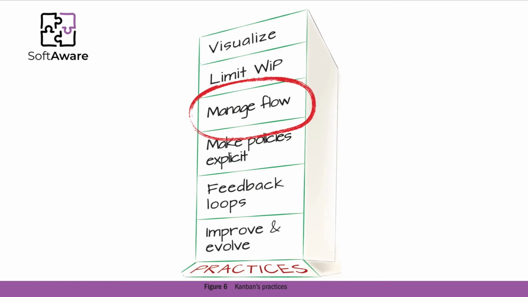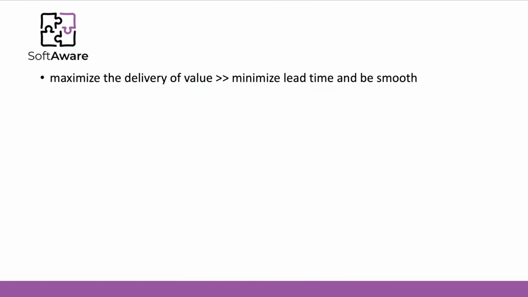Managed flow is intrinsically connected with the limit to the work in progress, since it is of utmost importance to accommodate the desires and priorities of the customer by delivering the most valuable work items. So basically, when considering the management of the flow, the goal is to minimize the lead time while trying to smooth the delivery effort by the team.